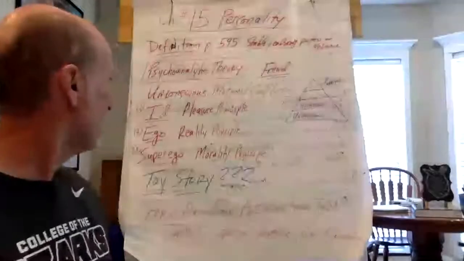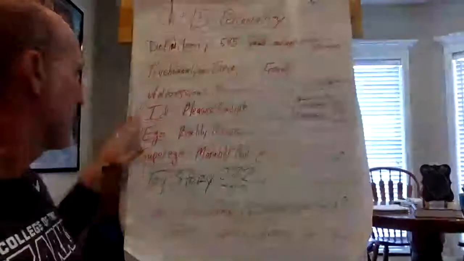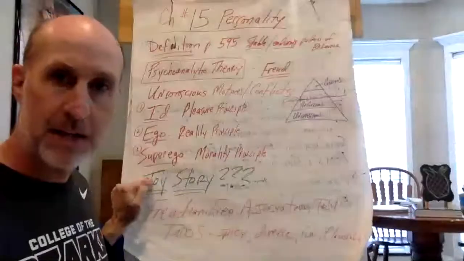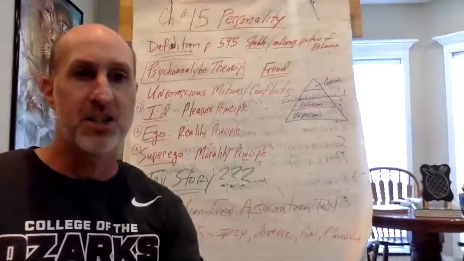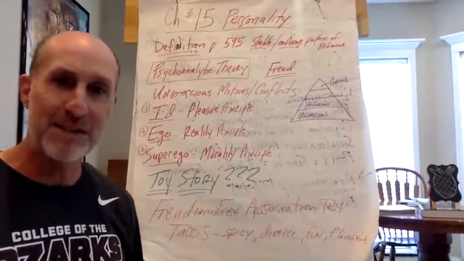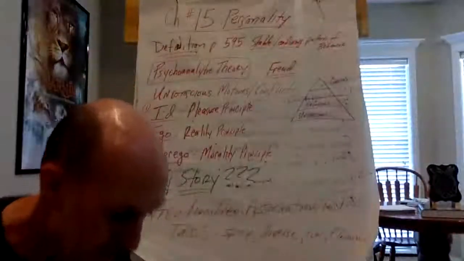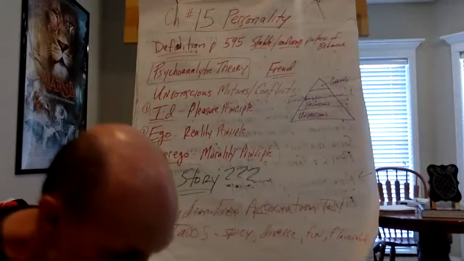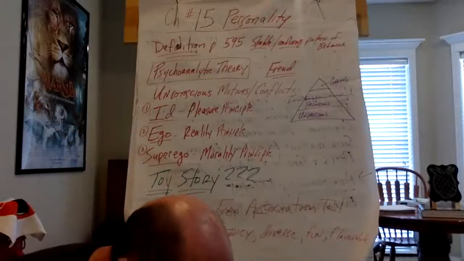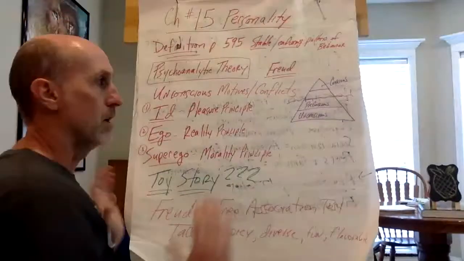Okay. All right. Now, in that unconscious mind, we have three systems of our personality. And this is where you're going to get into the genius of Freud. You're all going to agree that we have these three systems of our personality. Again, we're on page 596, and these are on 598. So, pages 595 to 598.